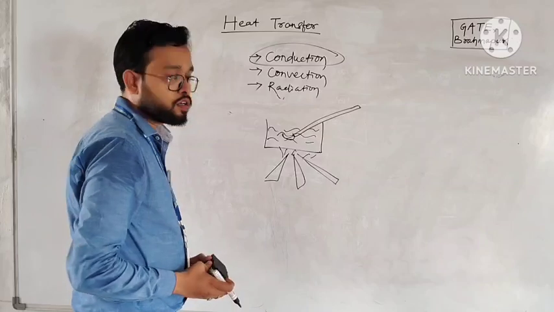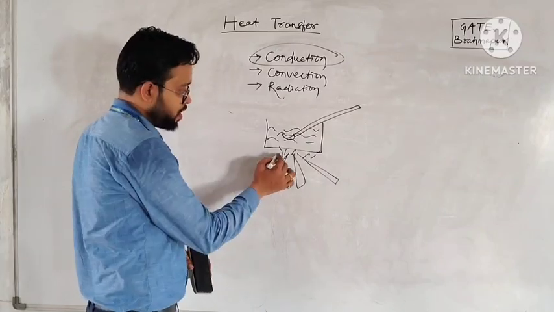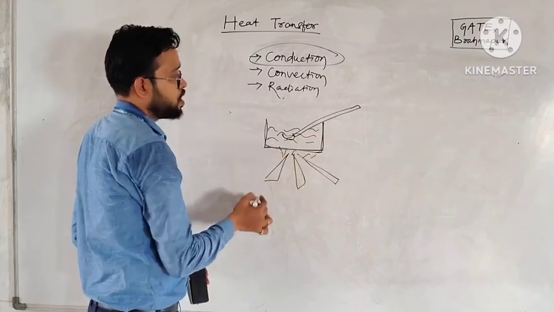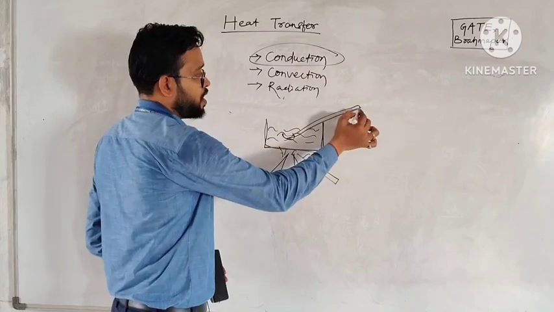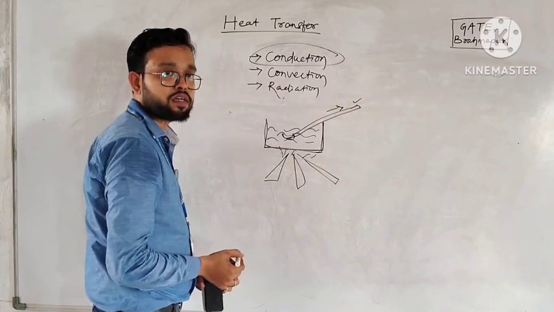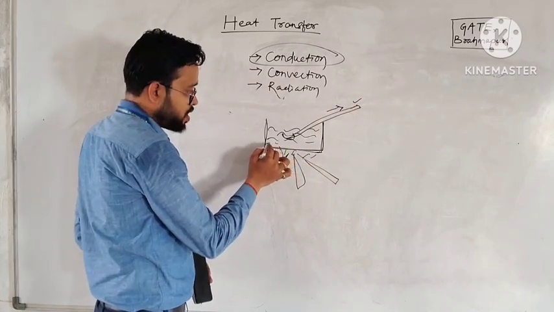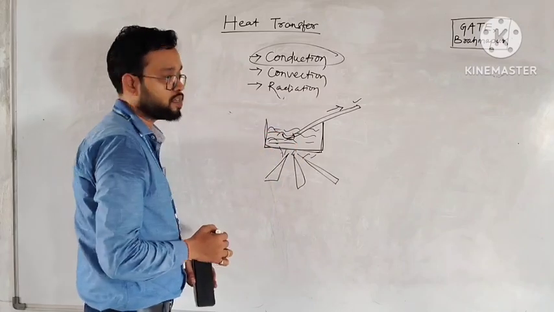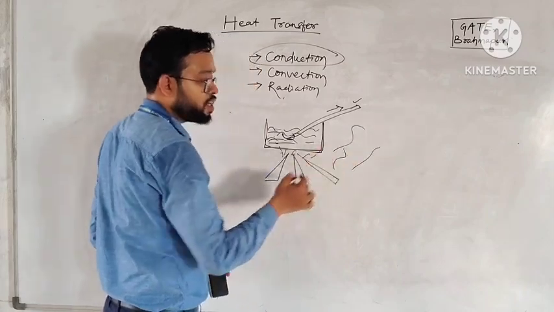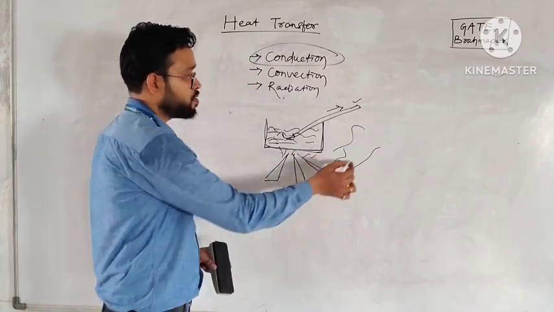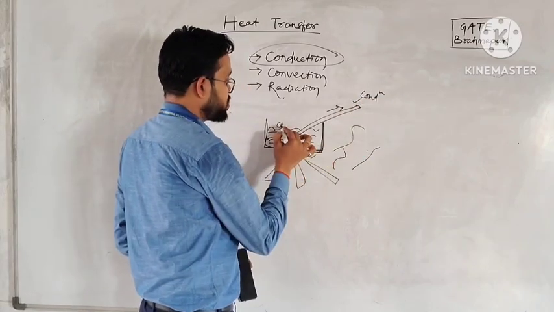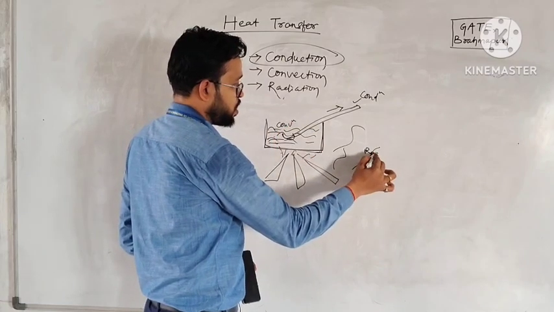Whenever the heat is added here, the transformation of heat from the container to the handle is conduction. The transformation of heat in the layers of liquid is an example of convection. And due to the electromagnetic waves, the surrounding area is also heated. That is the example of heat radiation. So here conduction, here convection, here radiation.